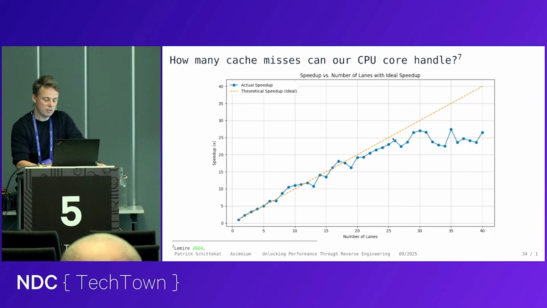But at some point, it goes to the right, so it stalls, and it's at about 25 lanes where it stops following the theoretical speedup where everything can be overlapping cache misses. So it means that in this CPU, we can only have 25 cache misses at the same time overlapping, otherwise it stalls.